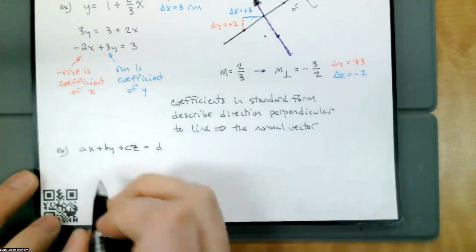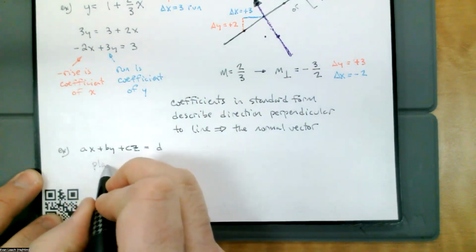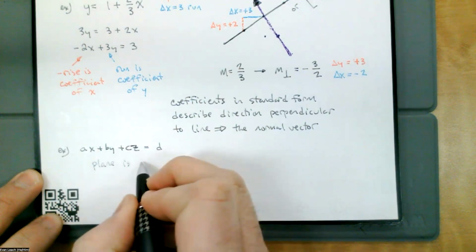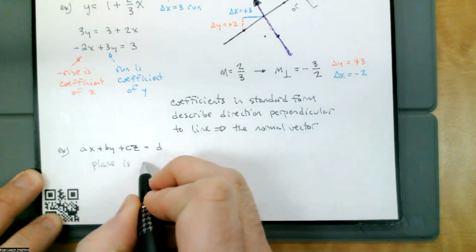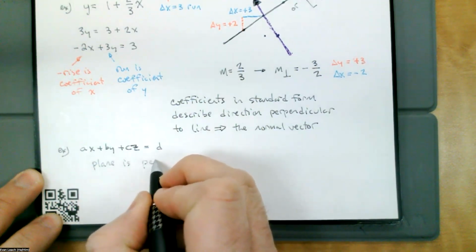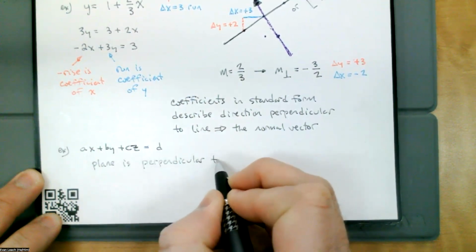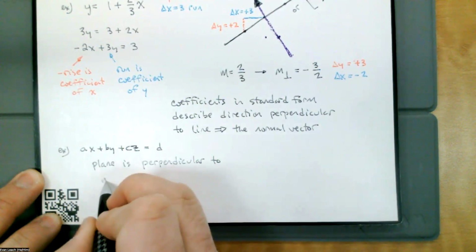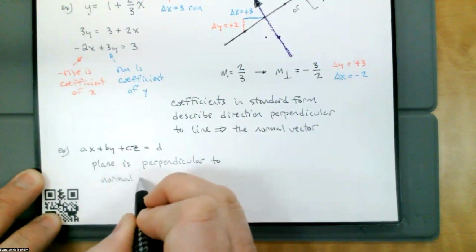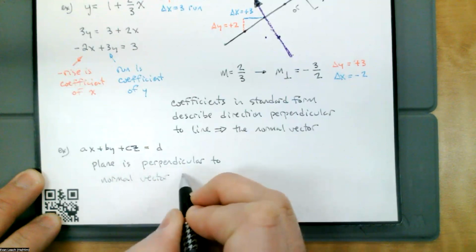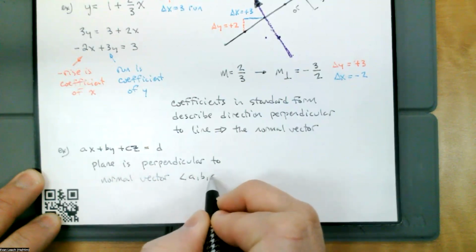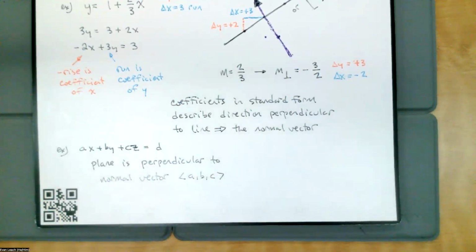So the plane is all the points perpendicular to the normal vector A, B, C. We had to abandon rise and run because we've got three different directions.